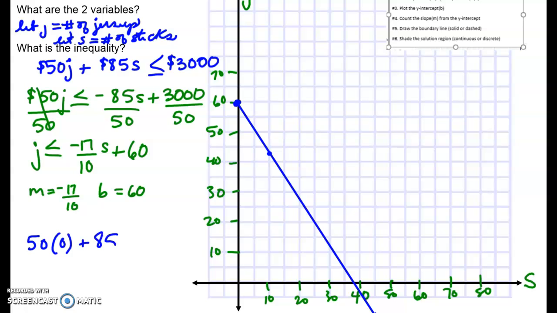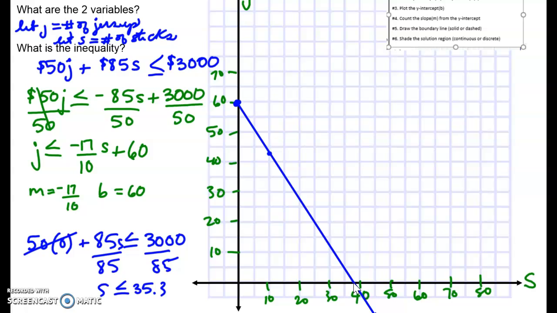And I want to see here what the value would be on that x-axis. So that'll be 0. Oops, I forgot the variable s, my mistake. This is 0, that's not there. I'm going to divide both sides by 85. When I do that, I get s is less than or equal to 35.3.